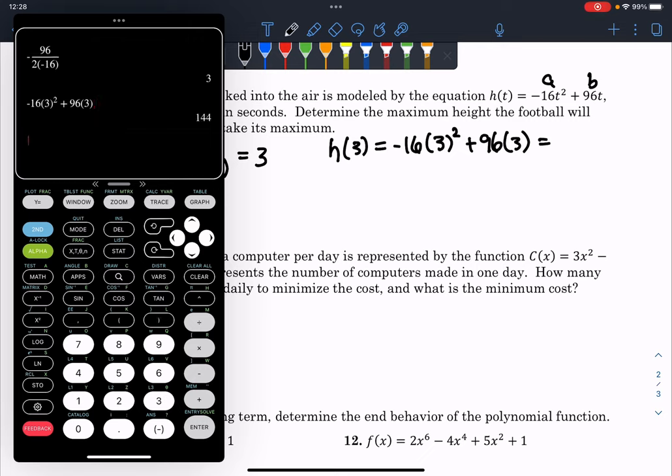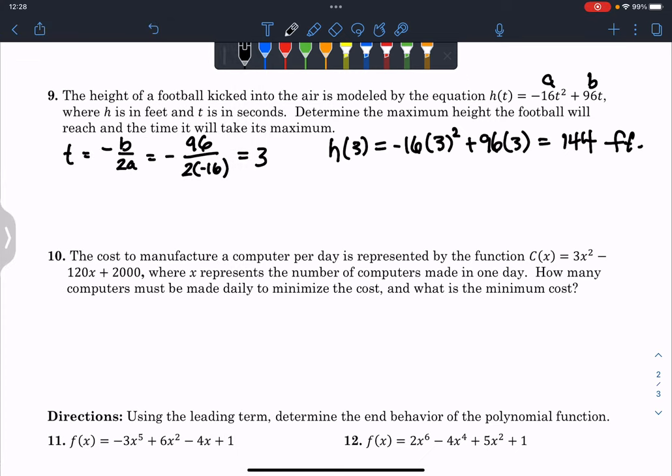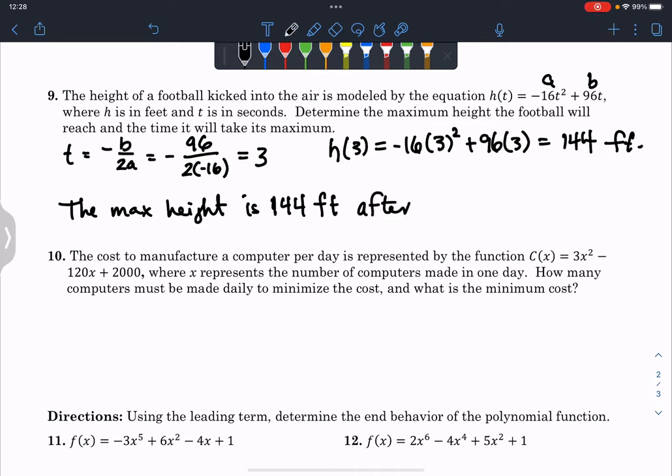And that equals 144 feet. Therefore, the maximum height of this football is 144 feet, which is reached after 3 seconds.